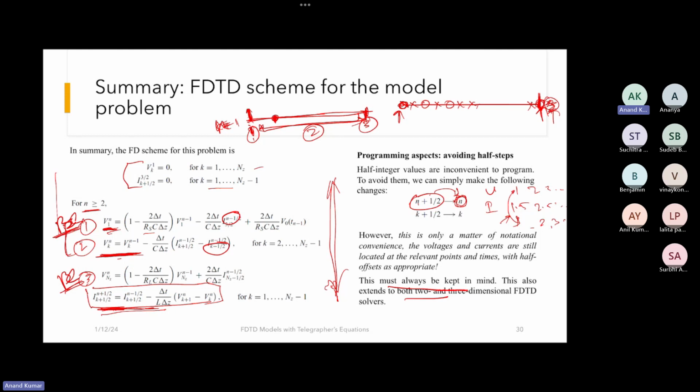So I'll just quickly summarize the steps which we did. We discretized the space, then we discretized these equations, that is, we used the central difference scheme on the partial differential equations, which were the Telegrapher's equations.